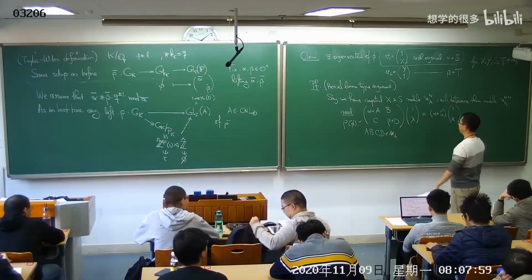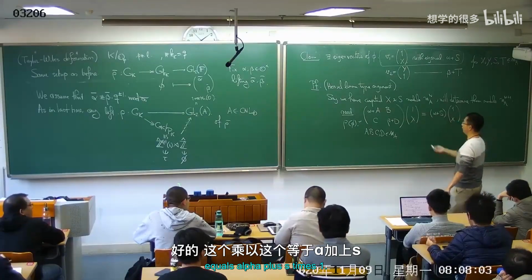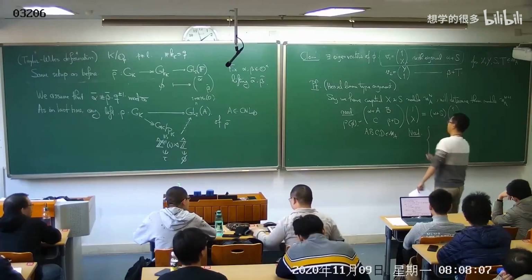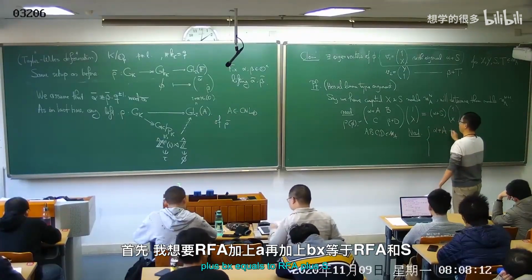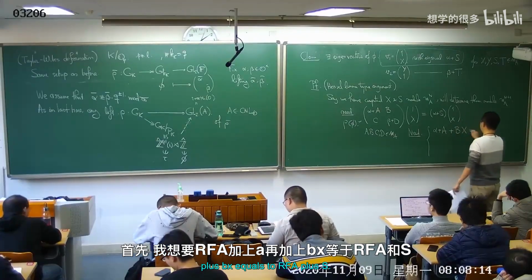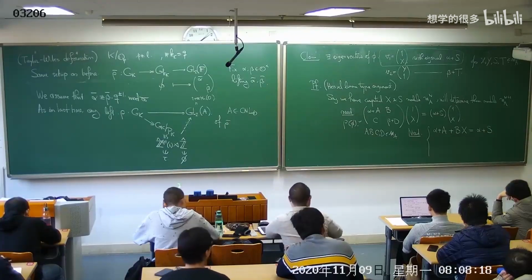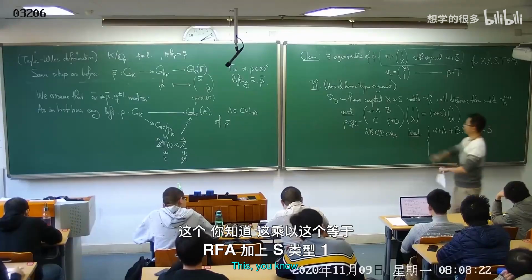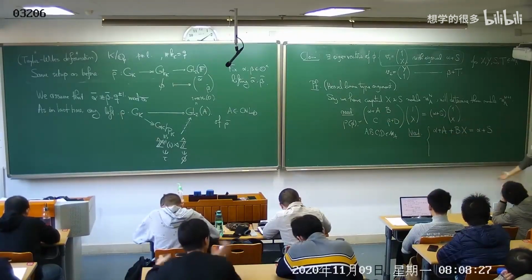What do I need? This times this equals alpha plus s times 1. So I need two equations. First, I want alpha plus a plus bx equals alpha plus s.